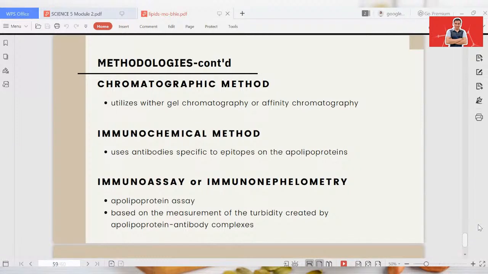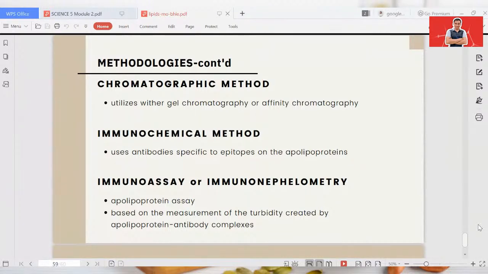It utilizes either gel chromatography or affinity chromatography, kasi yung gel chromatography ginagamit siya to separate compounds such as small molecules, proteins, and polysaccharides, and marami pa. Ganon din sa affinity chromatography, nag-separate din siya ng mga biomolecule from a mixture.